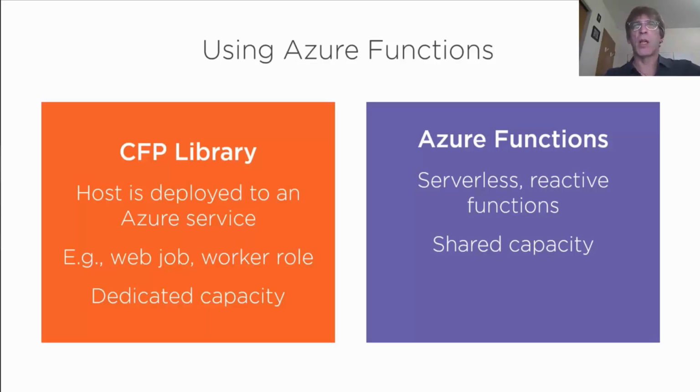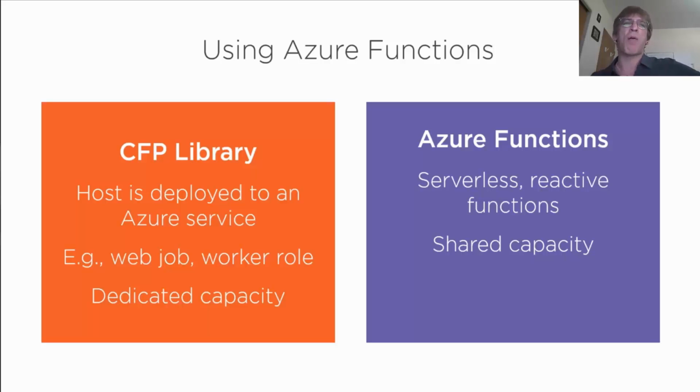An important difference between the CFP library and Azure Functions, though, is that Azure Functions is, of course, shared capacity, and it's consumption-based, and you can have cold restarts for being idle for too long, and all the unpredictability that comes with that.